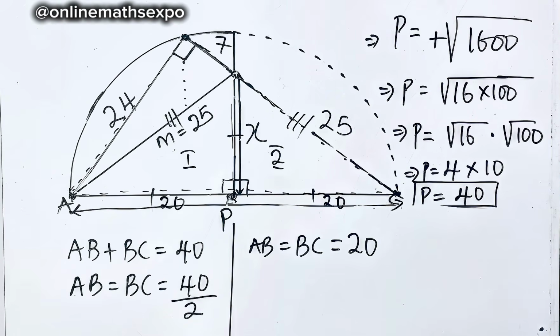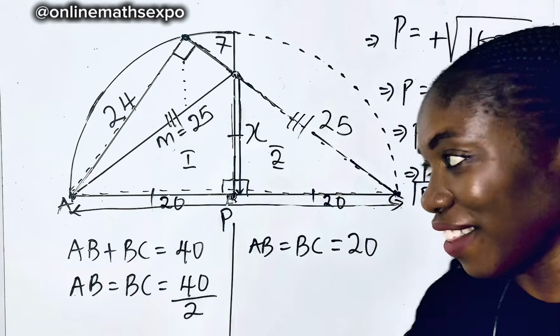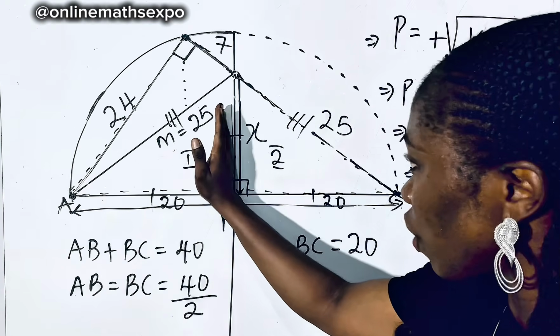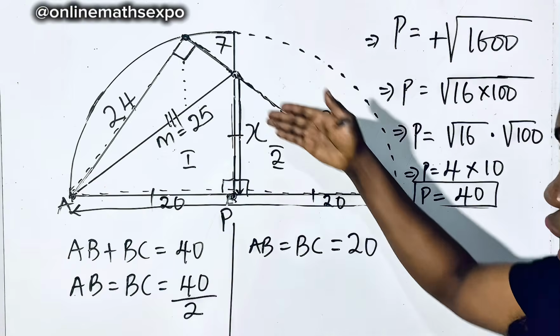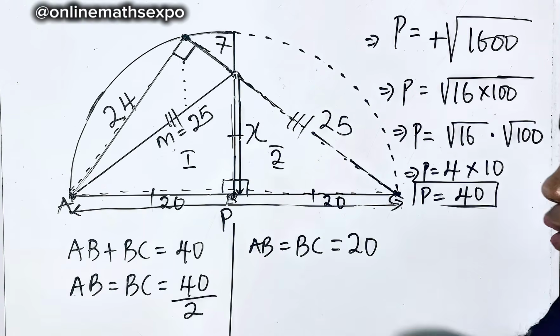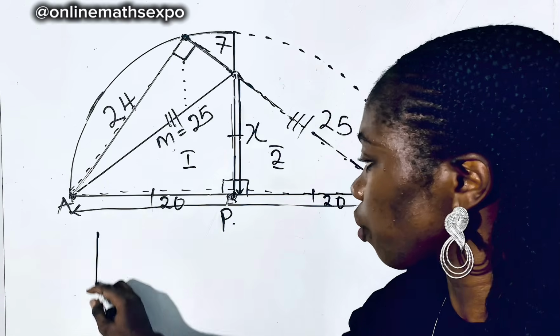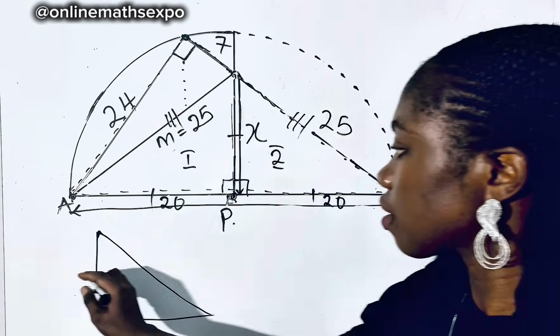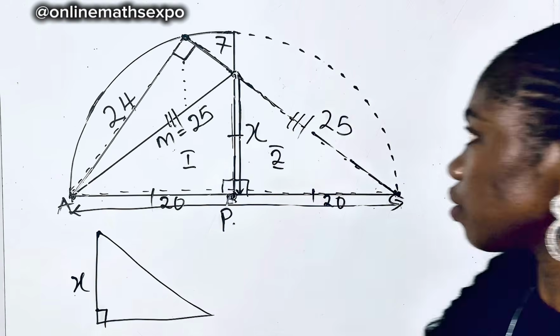Now that we have found those lengths, can we now find the value of x? Yes. You see that you can easily bring out one of these right triangles for you to get the value of x. Let's do it together. Bringing out this part of the triangle, this is what we have. This length measures x units. Its right angle here.